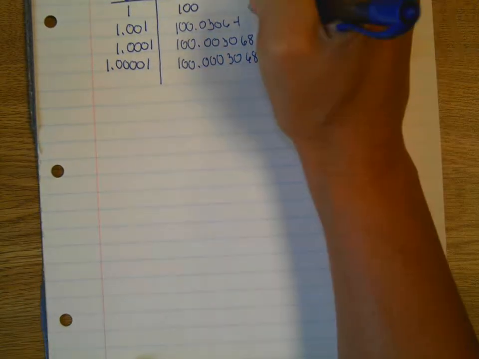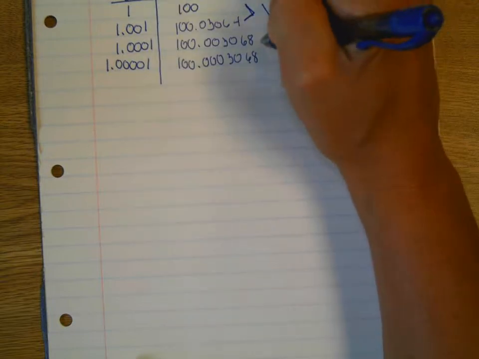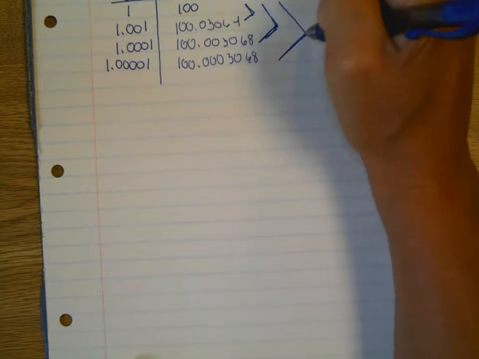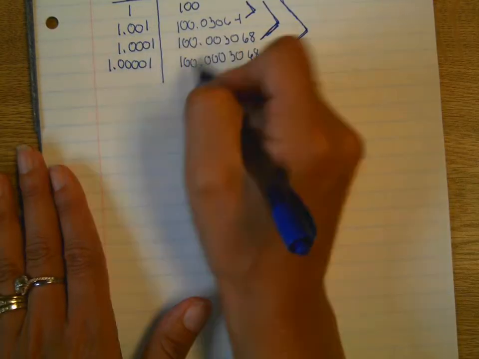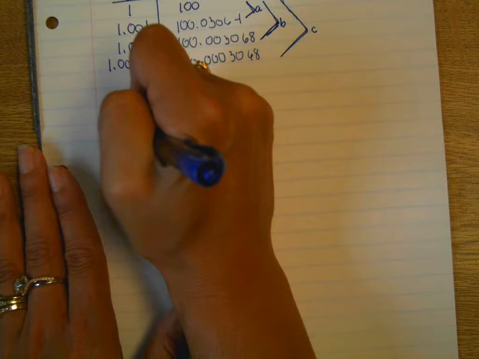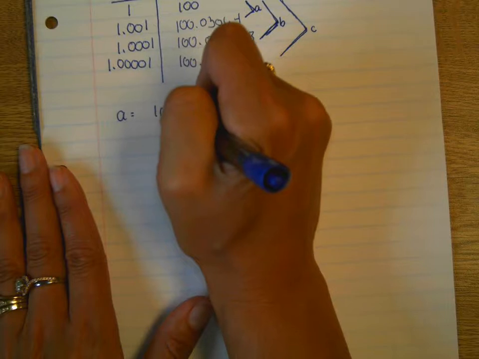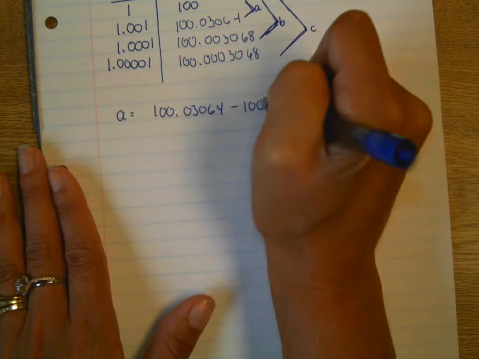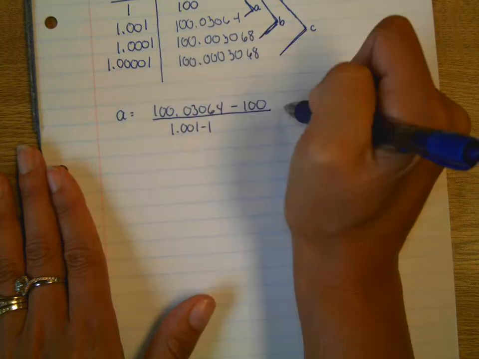So if we do the rate of change between these two, the 1 and the 1.001, and then these two, and then these two, it's always comparing one to the one that's close to it. I'll call them A, B, and C. So A is going to be 100.03064 minus 100 over 1.001 minus 1.